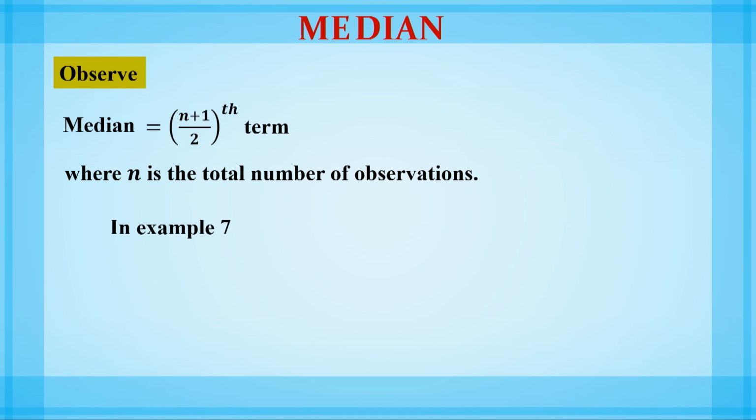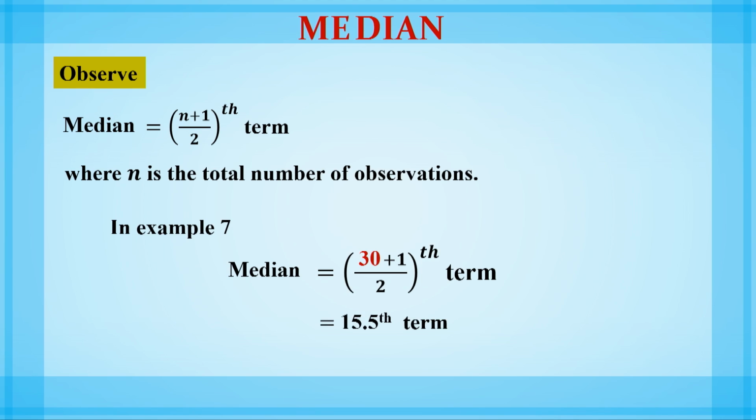In example 7, the median is equal to the (30 plus 1)/2 th term, as the number of observations is 30, which leads to the term midway between the 15th and the 16th terms, as the total number of observations is an even number and the middle values are in the 15th and 16th positions.